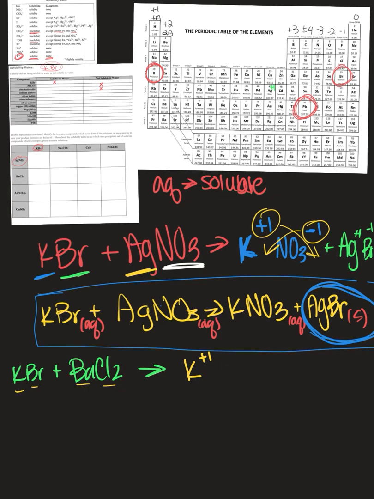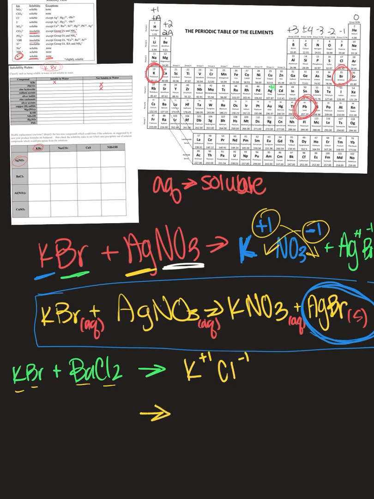We're going down. You're going to pick Cl because Ba is a metal. So we're going to pick the second one. So K, which has a +1 charge, and Cl, which has a what charge? Minus.